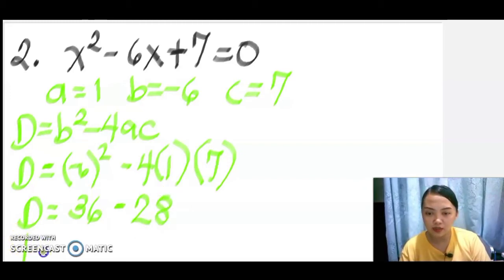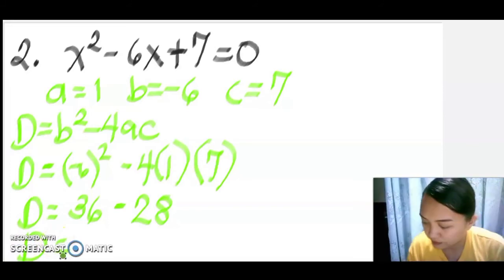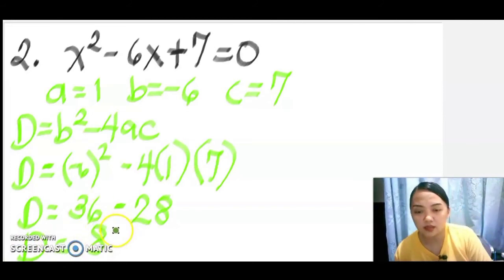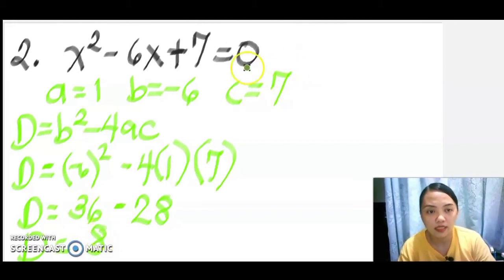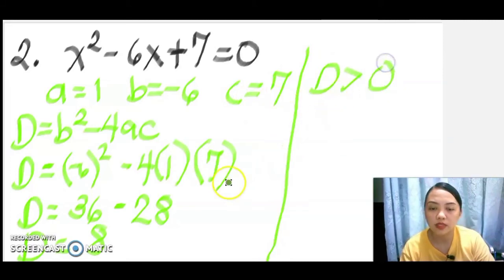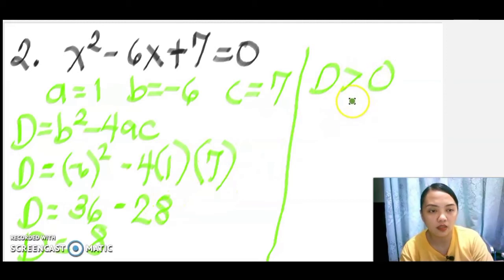So what is the value of D? 36 minus 28. Okay, the answer is 8. Okay, what can you say about 8? Okay, 8 is a positive number. So, ibig sabihin, D is greater than 0. Is 8 a perfect square? Okay, not.